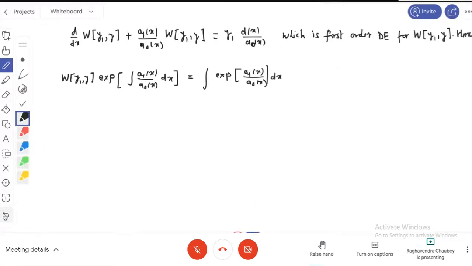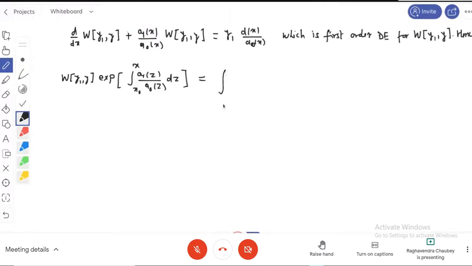We can write this directly by using the initial condition. If we put the initial condition x naught to x, then this is another variable, say z: the integral of a1 z over a naught z dz.